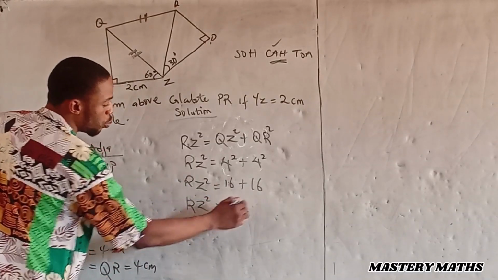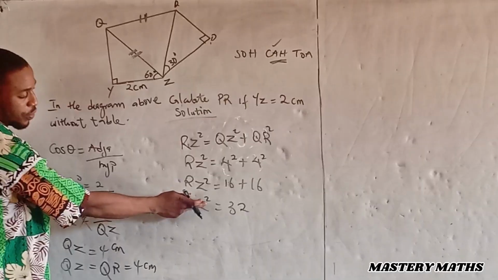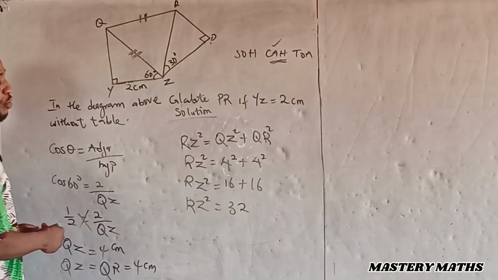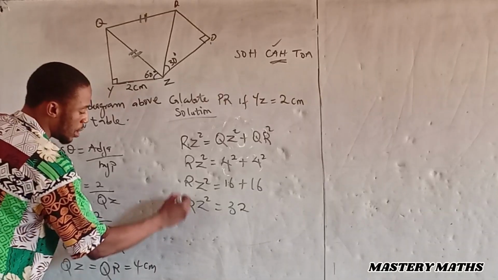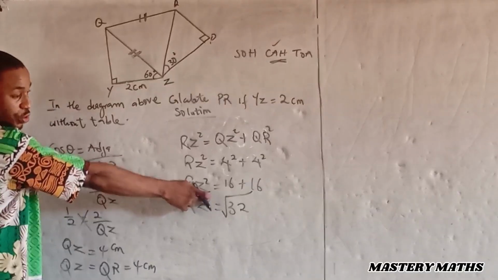Now, what are we going to do? Since this has a square, we square root both sides so that we remove the square from this RZ. The square root cancels the square on top.